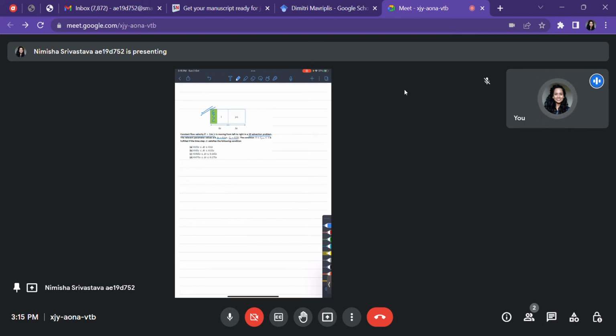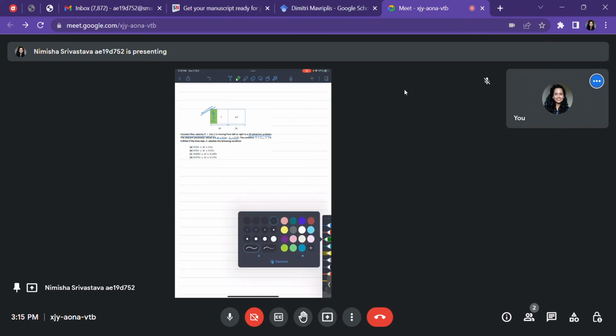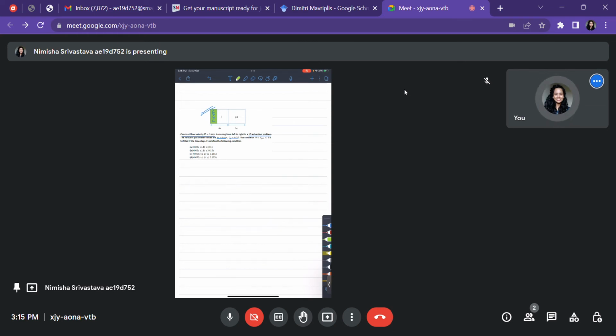The condition is that we want the interface, this green interface, to be such that Cj plus 1, the color function in the cell J plus 1, varies from 0 to 1. Then it is fulfilled if the time step delta t satisfies the following condition.